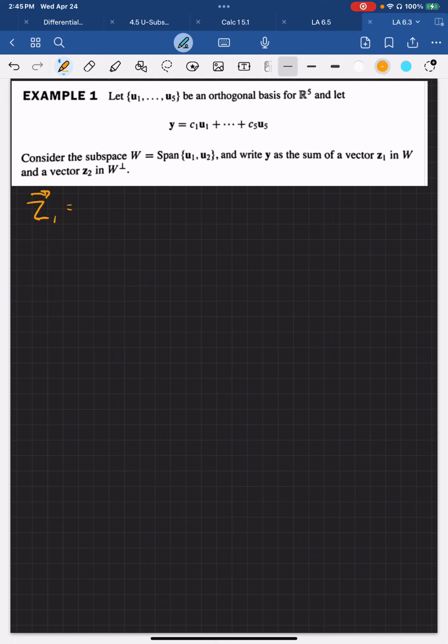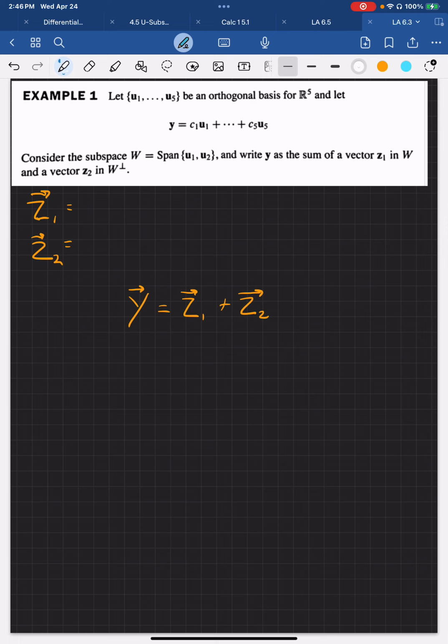z1 is a vector. z2 is a vector. Our job is to write vector y as the sum of these two vectors. And it is as simple as what I'm about to do.